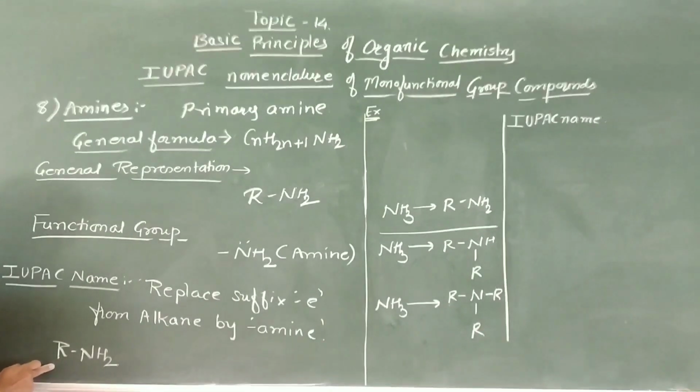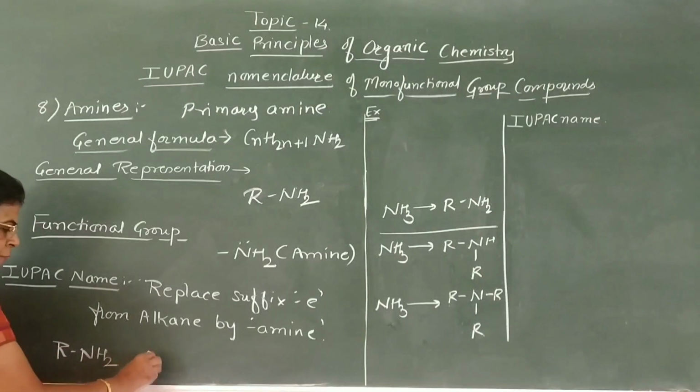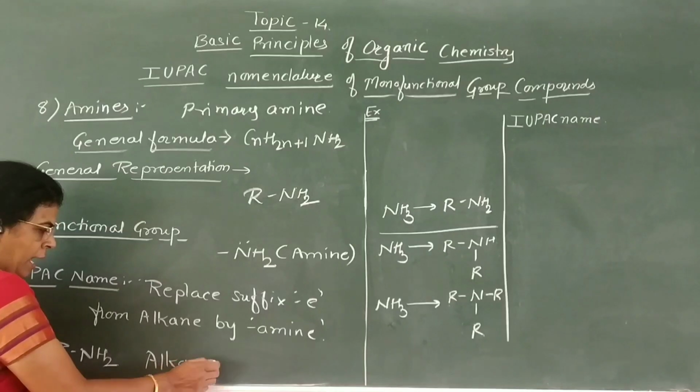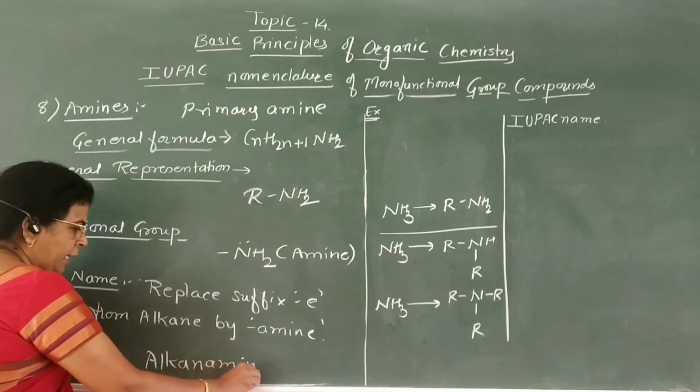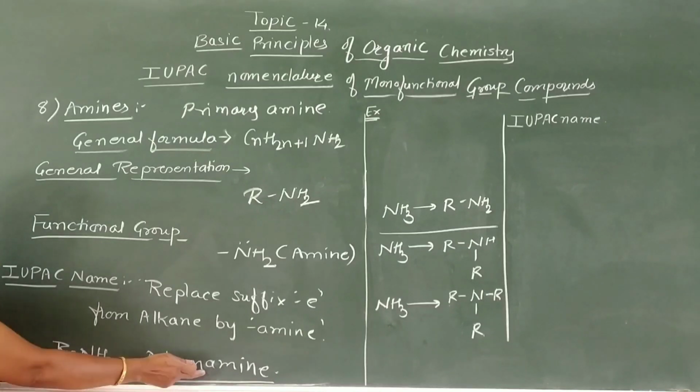Here this is alkyl group, parent alkane becomes alkane, and this is amine group. Then replace E from alkane, that is this E, by amine. It becomes alkanamine. Name of this primary amine becomes alkanamine.